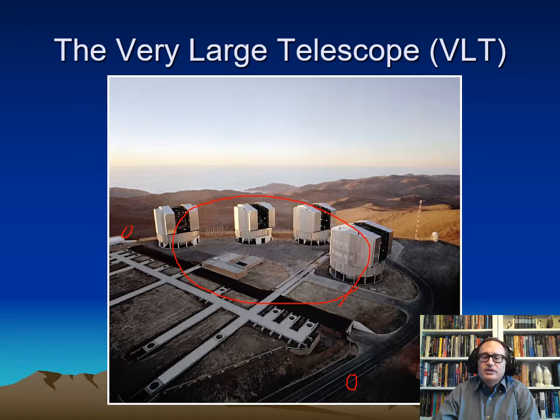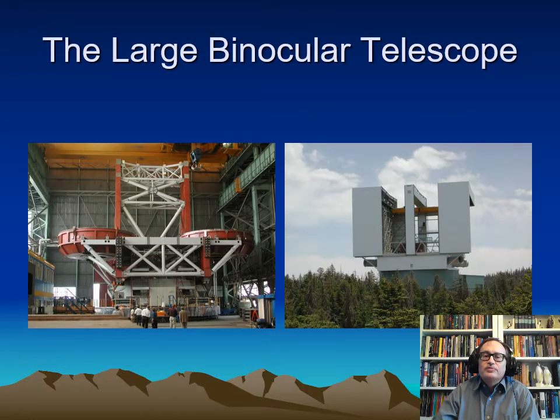So that's an example of an optical interferometer. The Large Binocular Telescope in Arizona is another example. Here it is being constructed, and there's the facility where it's being built. Even though you have two mirrors here, it's going to act like one big telescope of that size.